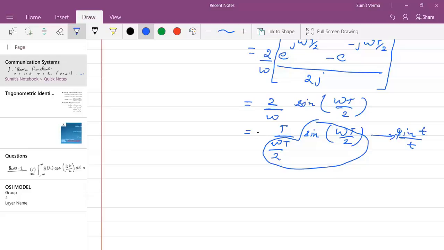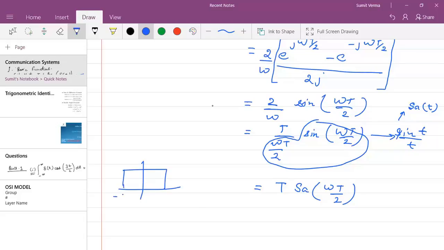This is what we saw as the sampling function above. So finally the Fourier transform becomes t times sampling of omega t by 2. So this is what we get as the Fourier transform for this gate pulse. It is defined from minus t by 2 to t by 2 with the value of 1.